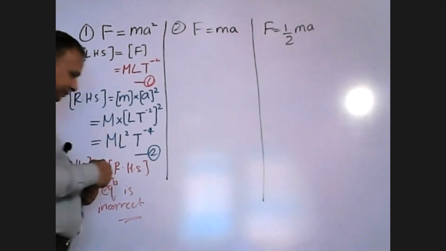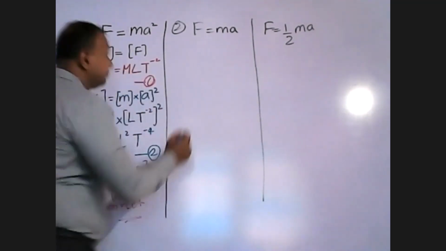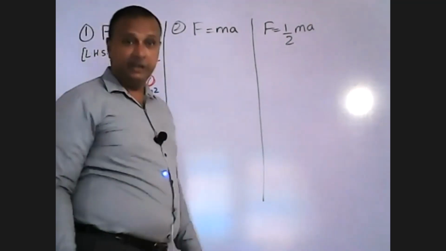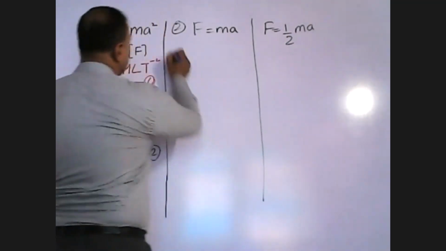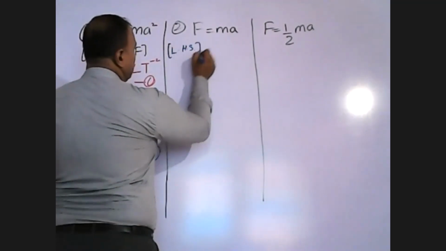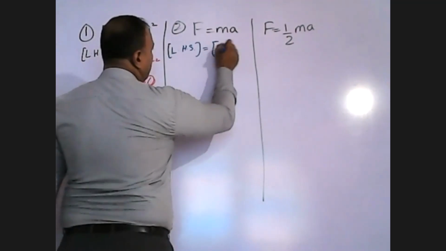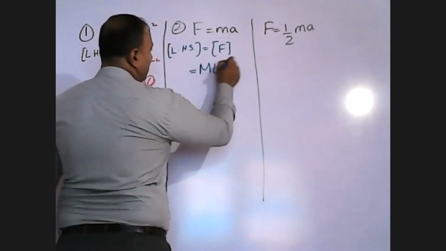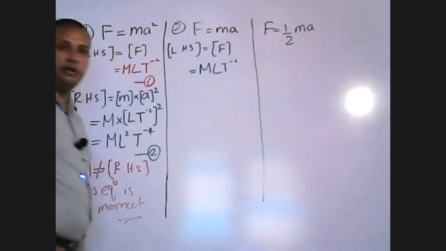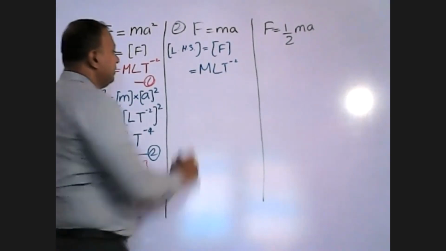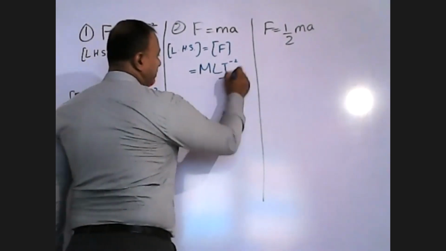The second one. If you want to determine whether it is correct or not, first we should get the dimension of LHS. Dimension of LHS equals the dimension of force, which is MLT minus 2. That is equation 1.